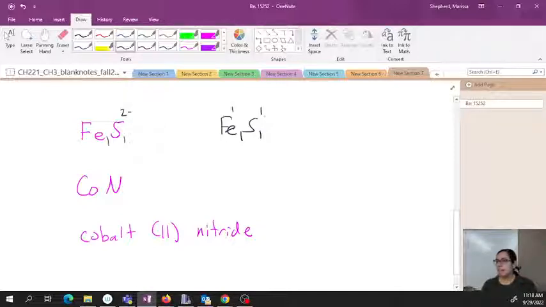So you multiply everything times 2, and that works: this should be -2, and if this has to match, that has to be 2+. I don't know if that helped with your question or not. So that would be iron 2 sulfide.